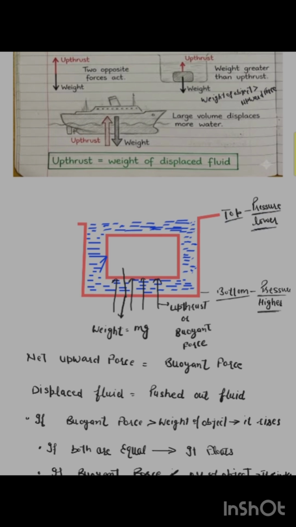As you go deeper in the water, it applies more pressure in comparison to the top. That means at the bottom there is higher pressure, but at the top pressure is lower.